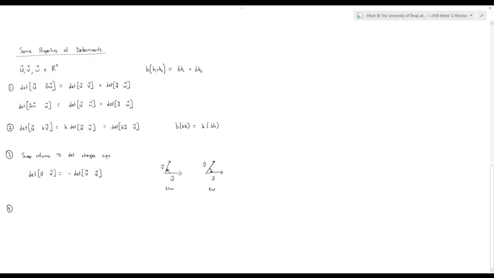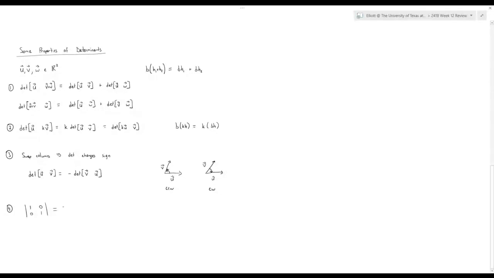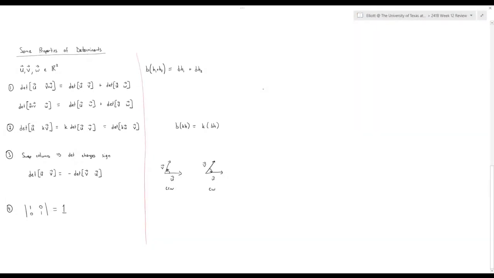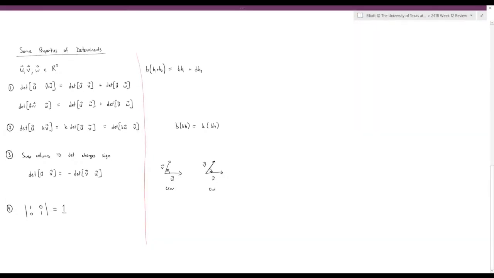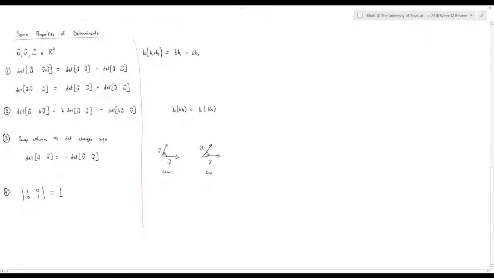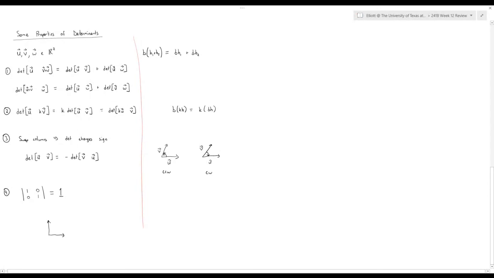And then one more property that I'll mention is that the determinant of the identity matrix should be equal to 1. Thinking just in terms of orientation and area, the two columns of the identity matrix form a unit square, so the area should be equal to 1.